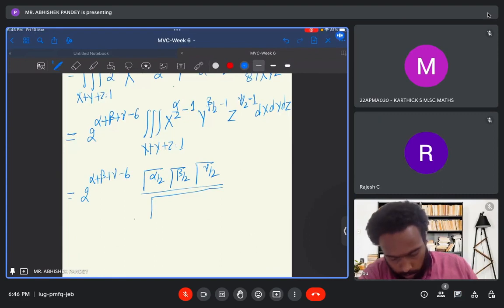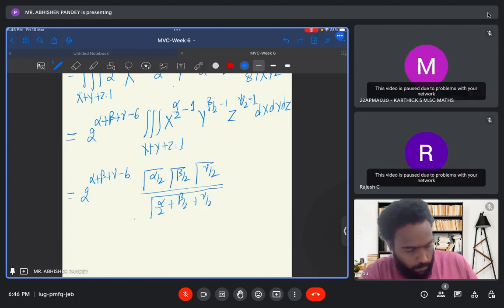And this is now alpha by 2 plus beta by 2 plus gamma by 2 plus 1.